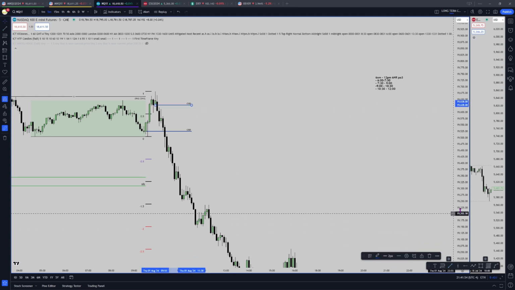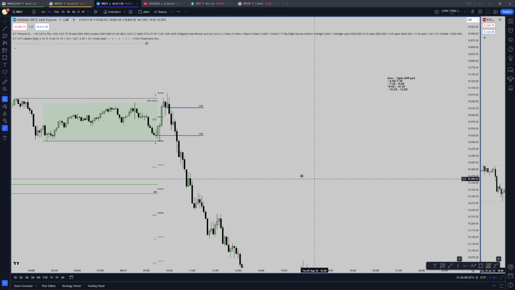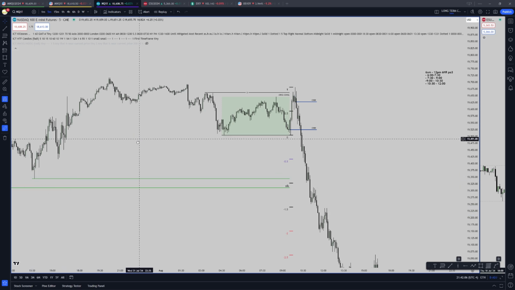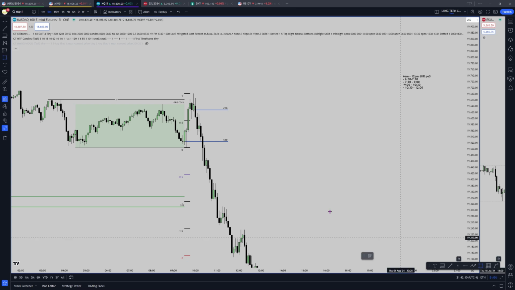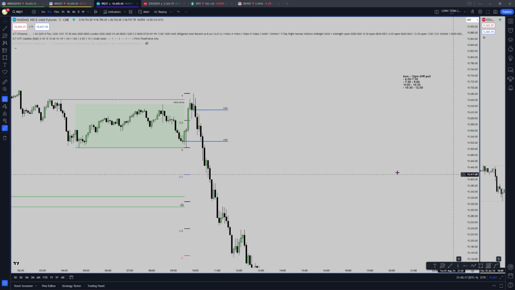So this is more advanced. This is more of an advanced theory that ICT teaches, but based off of this, my eyes are immediately drawn to these lows. Since our narrative is already bearish, anyone who enters off of this fair value gap will get stopped out, because you're essentially pattern trading. If you don't know the narrative, you're just pattern trading.